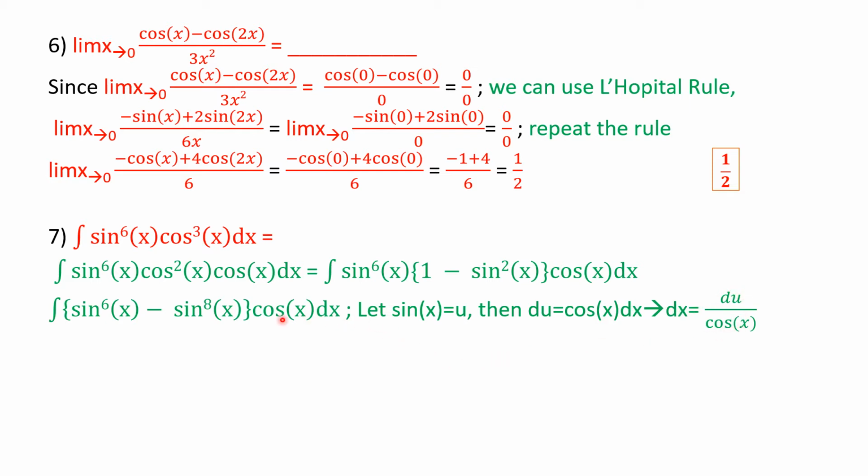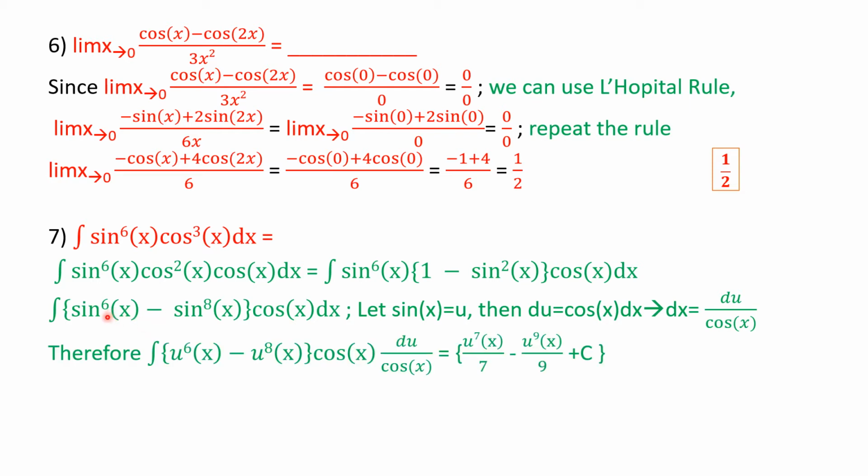Now we will go ahead and do the changes. For every sine x, we'll put u. So sine to the power 6 of x is replaced by u to the power 6, minus sine to the power 8 of x, which is u to the power 8, and this is multiplied by cosine x, and then du divided by cosine x.